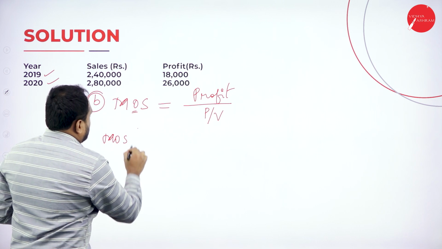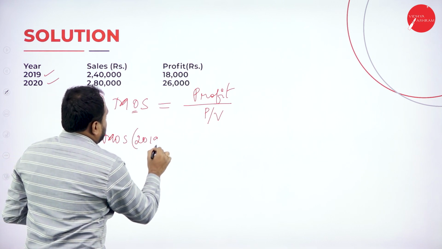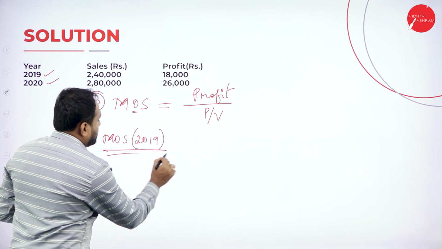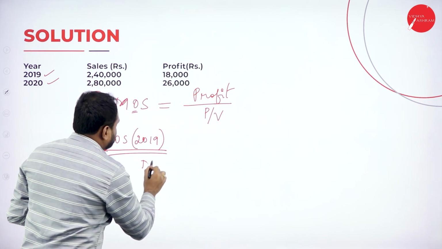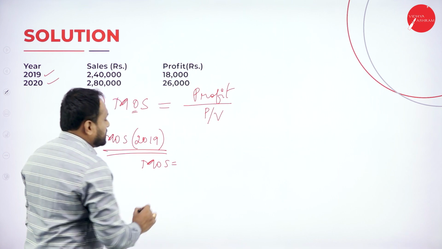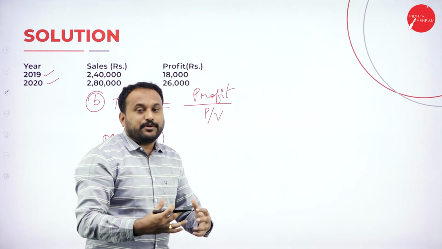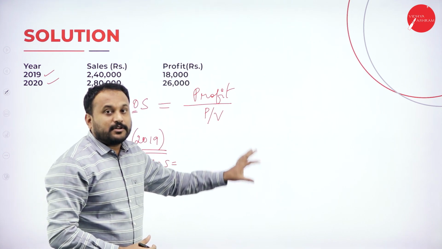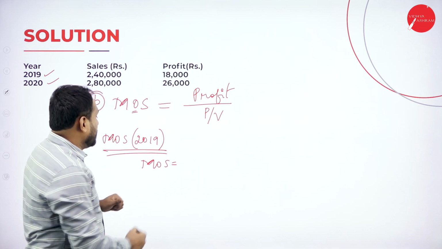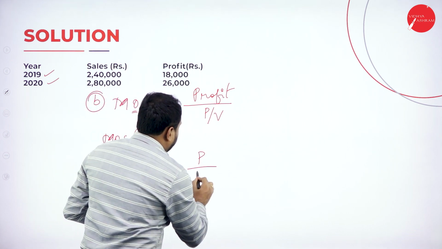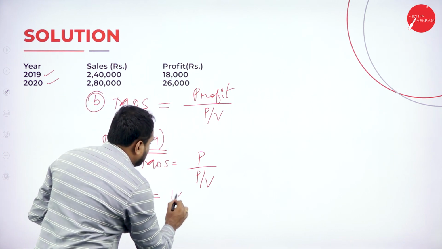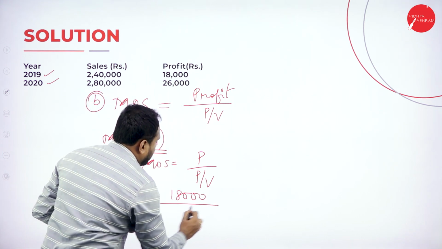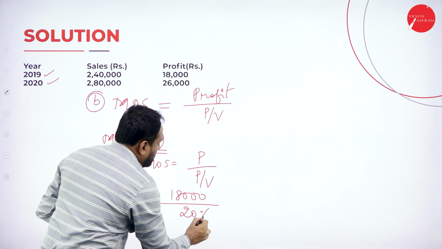So you will write MOS for 2019. Again write the same formula. Whenever it is required, I want you to write the formula because formula has marks. MOS is equal to profit by PV. Profit is how much? 18,000 divided by 20%.